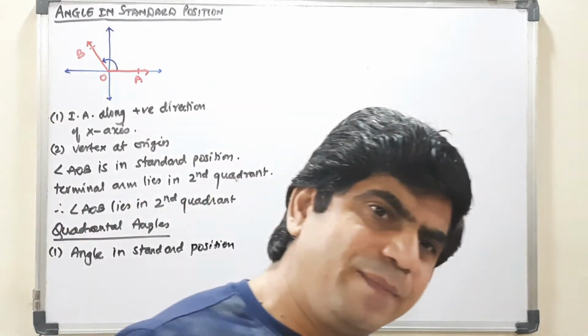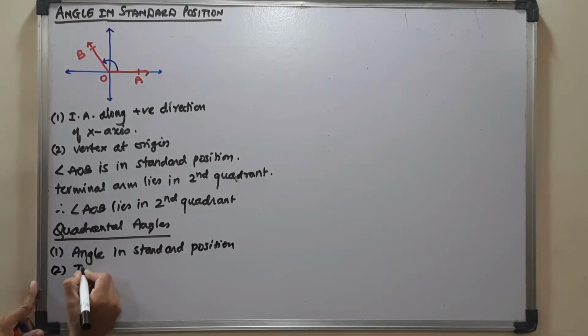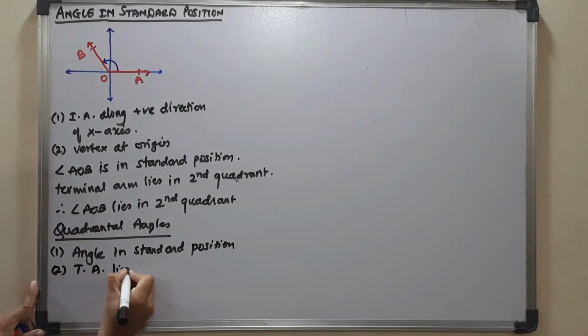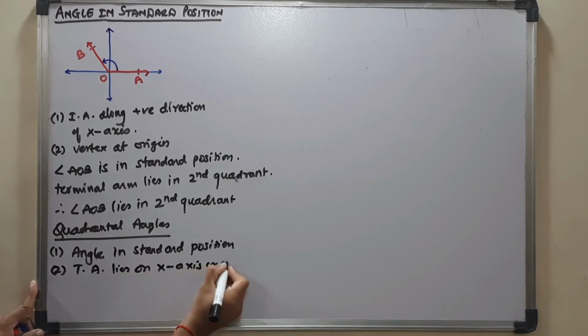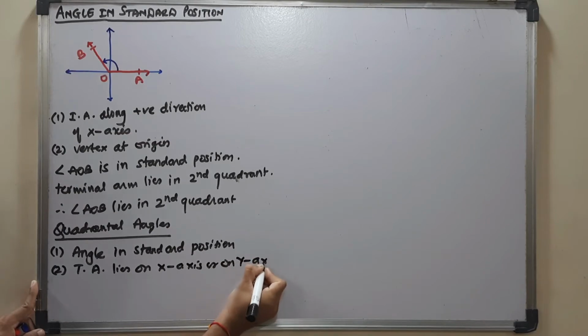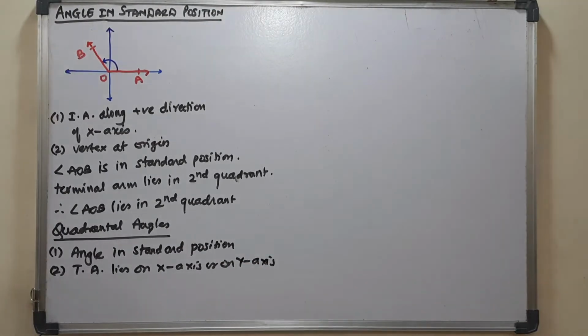Then what about the terminal arm? The terminal arm lies on the x-axis or on the y-axis. That is, it should lie either on the x-axis or on the y-axis.